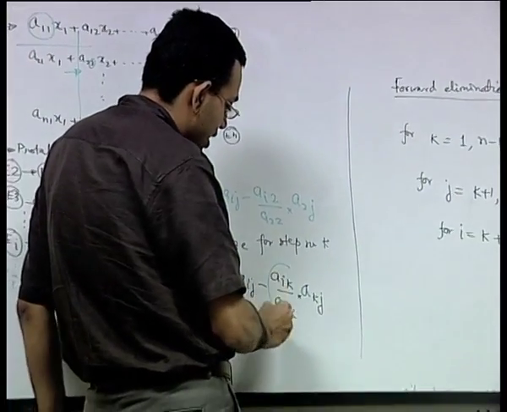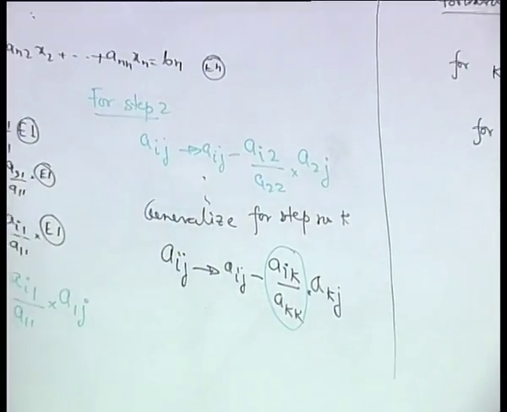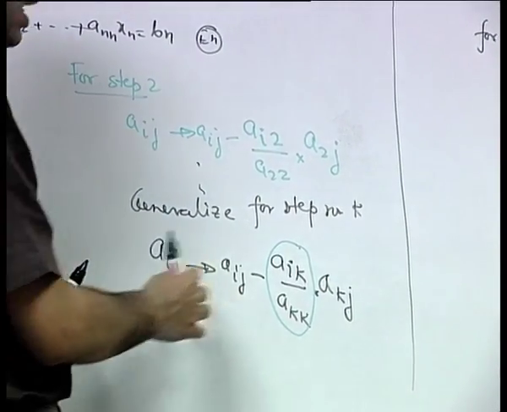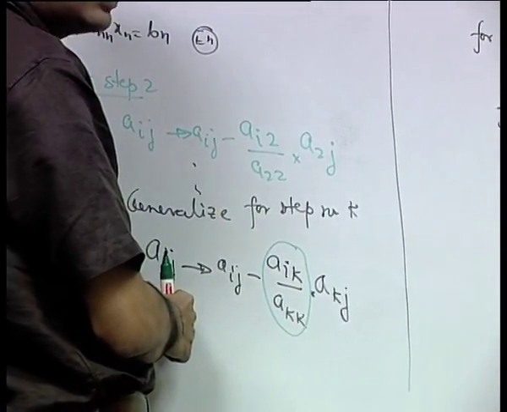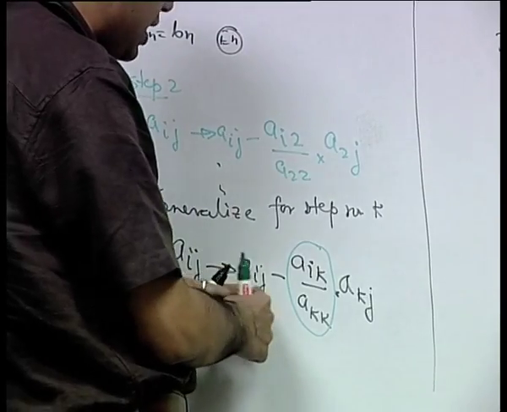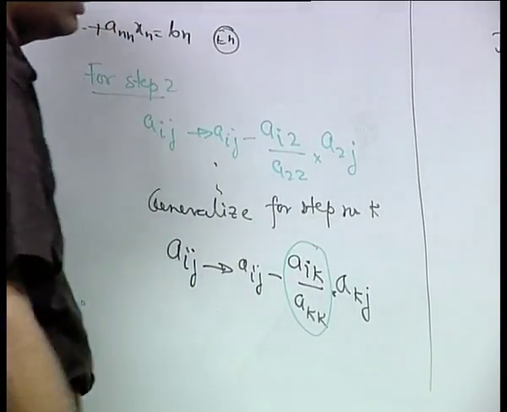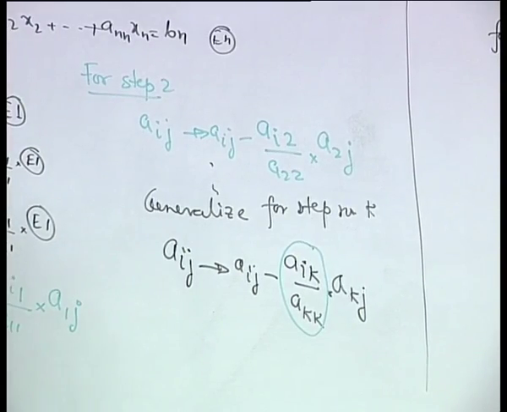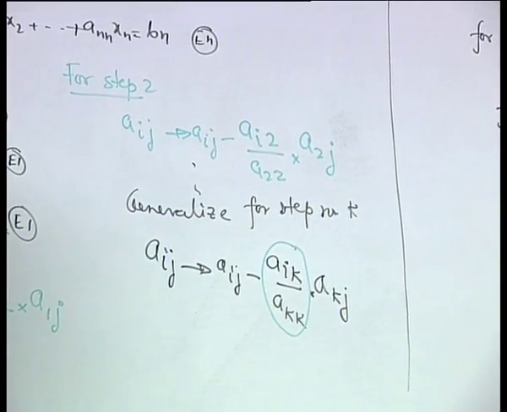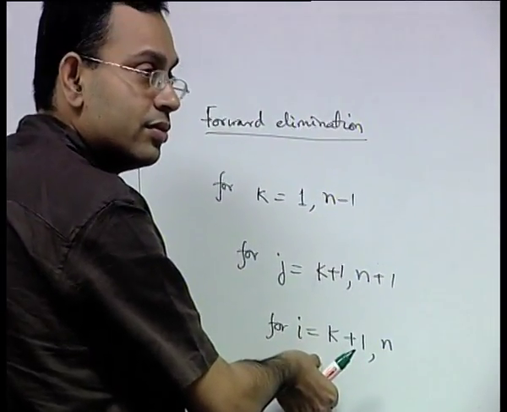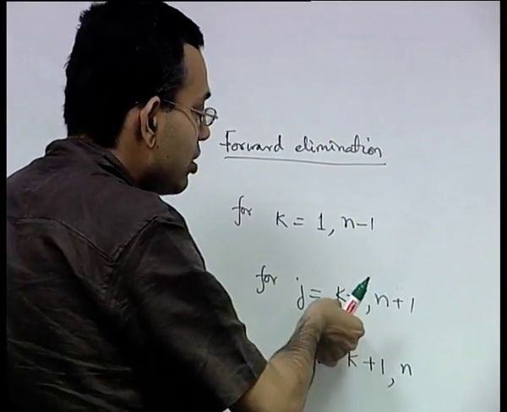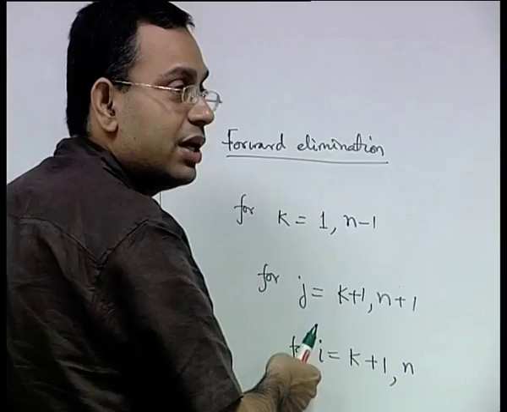So now let us see, you have this aik by akk. So what you have to do is for each, so now you have ij, so immediately the next step you are prompted to write aij minus aij into aik by akk. So if you have aik by akk, you can put it inside this loop, but you can also put it outside this loop by making this as i and making this as j.